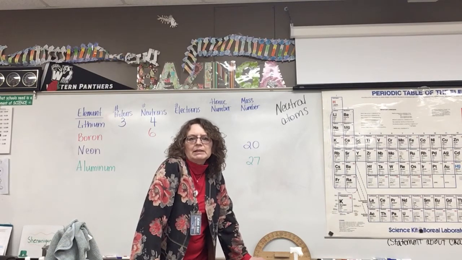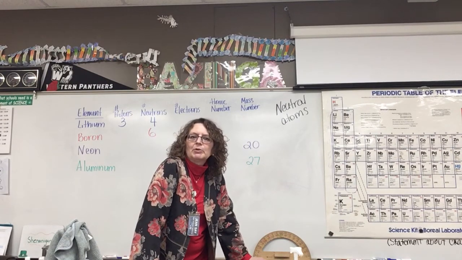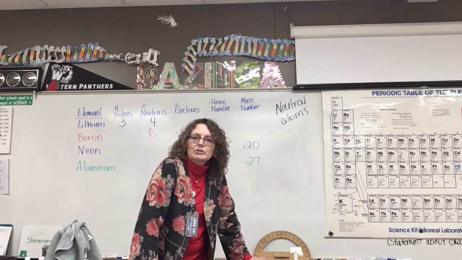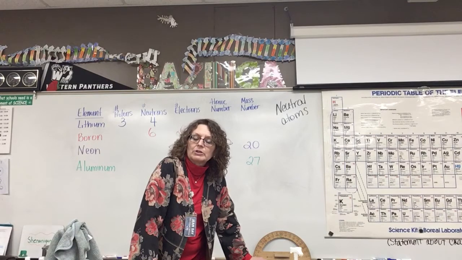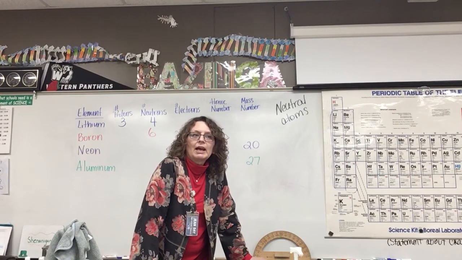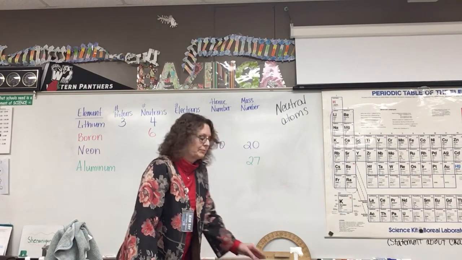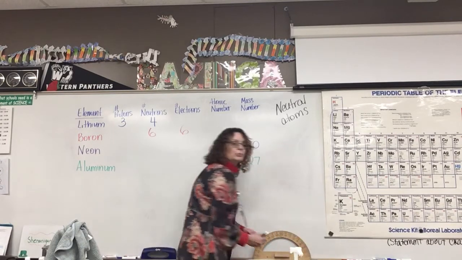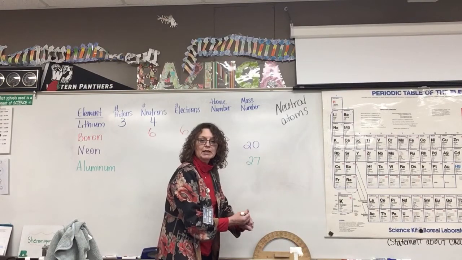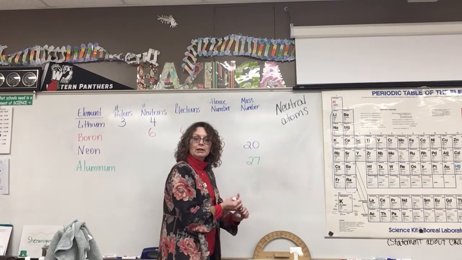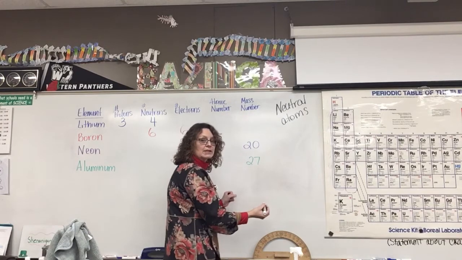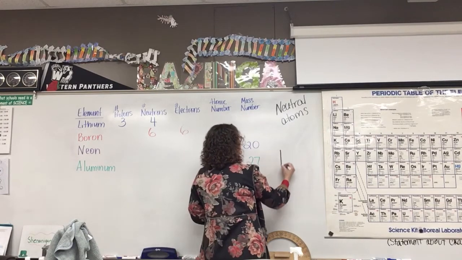So what that means is I have the same number of protons that are positively charged as electrons, which are negatively charged. So if I have a hydrogen and it has one proton in the nucleus, which it does, hydrogen is element number 1, the atomic number is 1. So protons have a positive 1.